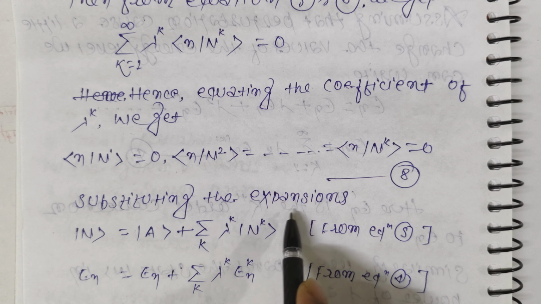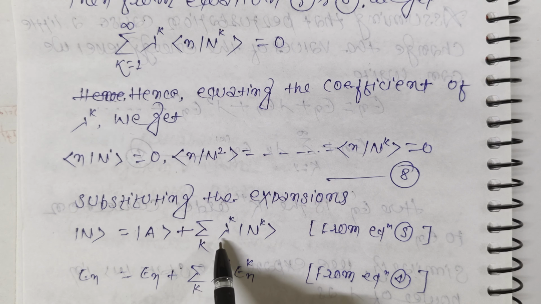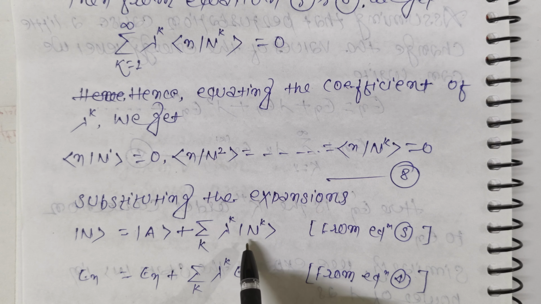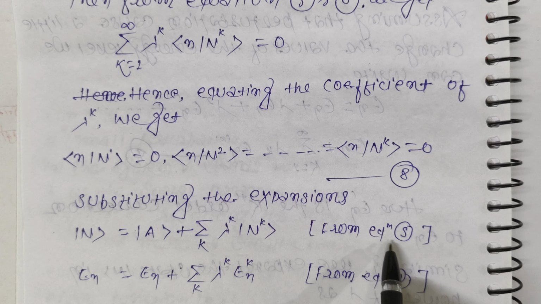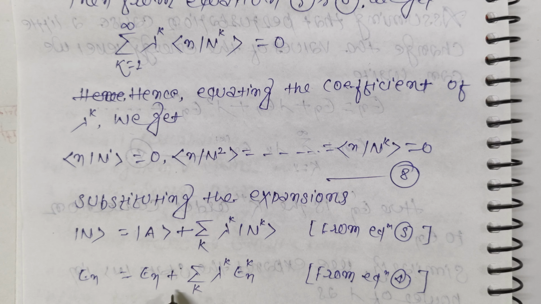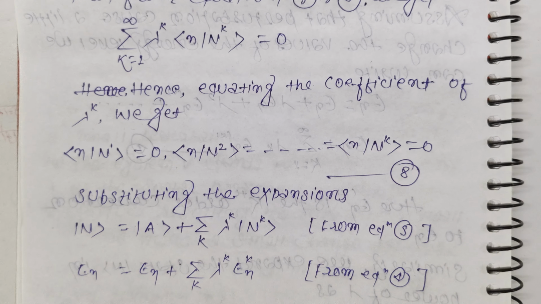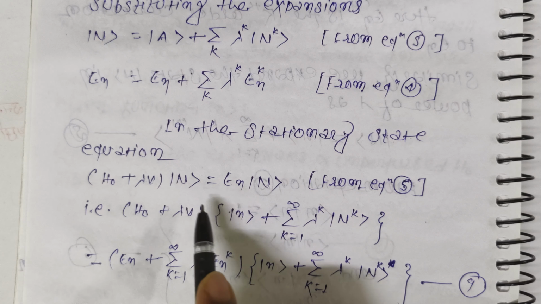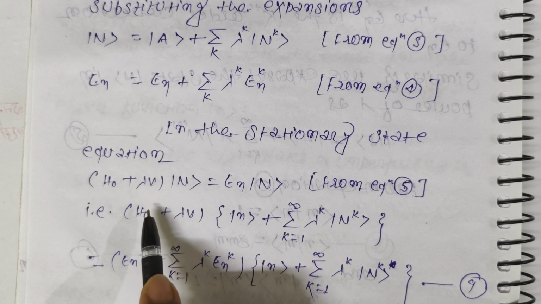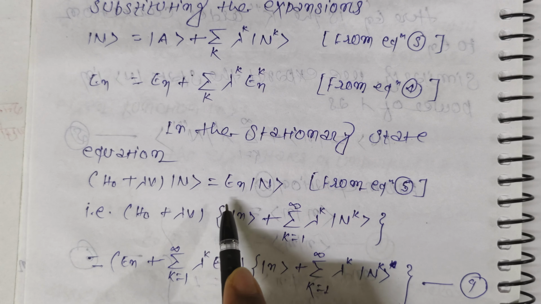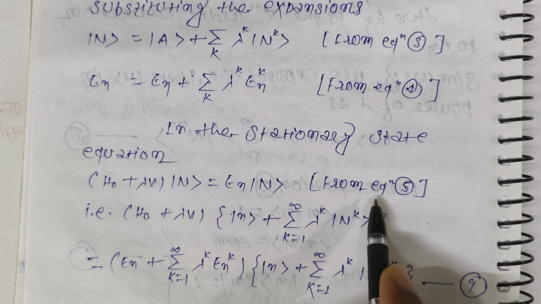Substituting the expansions |ψn> is equal to |n> plus summation k lambda k |nk> from equation 5, and Εn is equal to En plus summation k lambda k Enk from equation 4, in the stationary state equation, H naught plus lambda V acting on |ψn> is equal to Εn |ψn>.